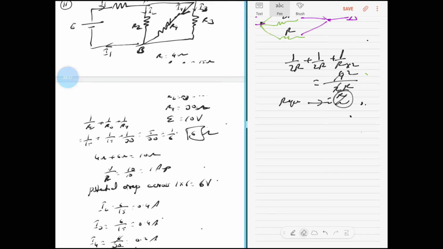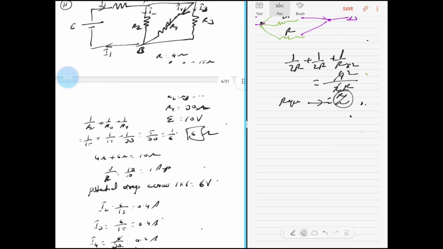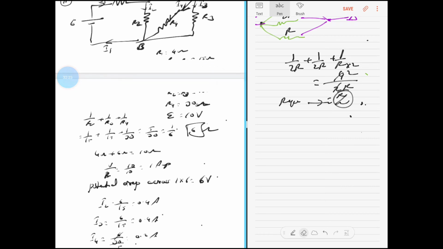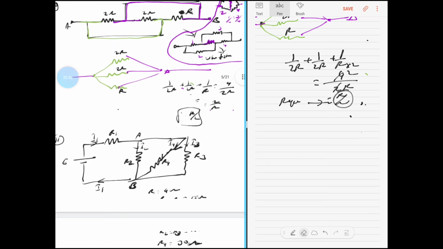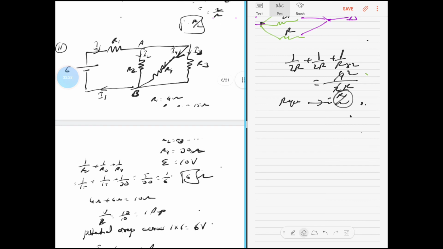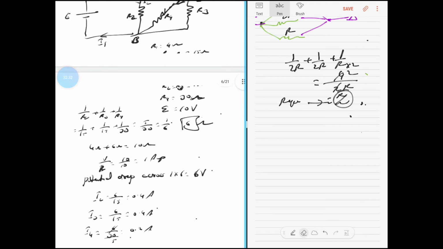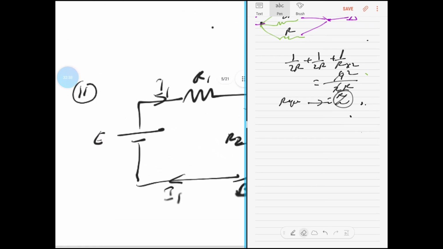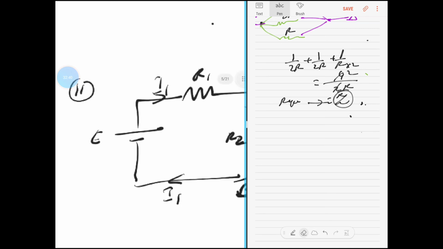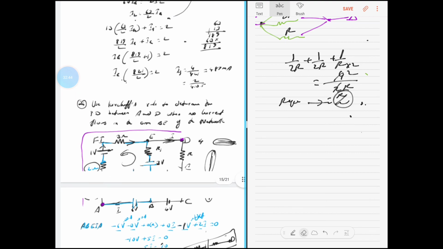So you're directly considering I2 is 6 by the specific resistance of R2. R2 is equal to R3 is equal to 15 ohms. So how did you know the potential drop across this?